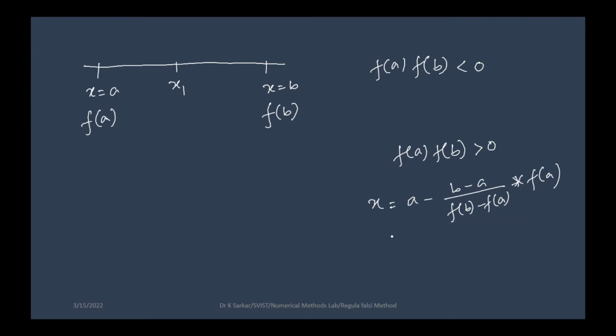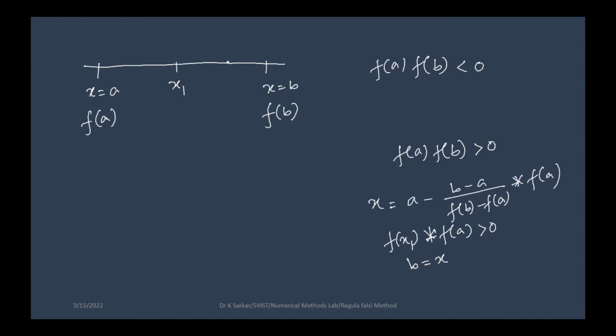Now if f(x1) and f(a) greater than 0, then take b equals x. So f(a) and f(x1) greater than 0 means there does not exist any root.